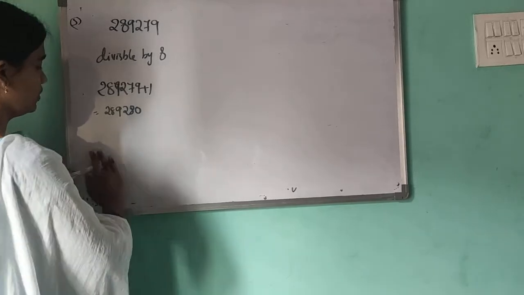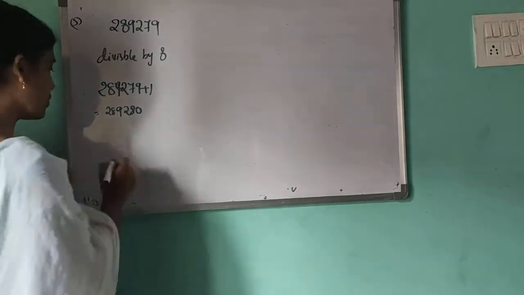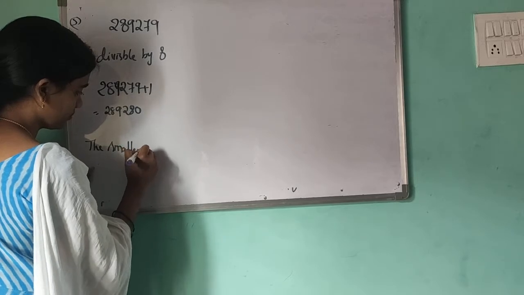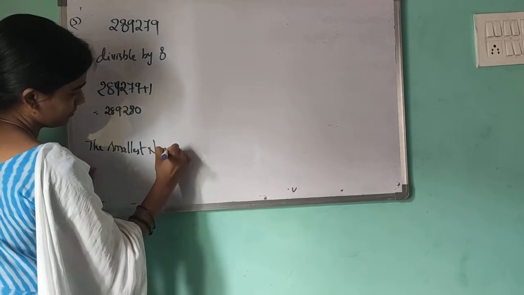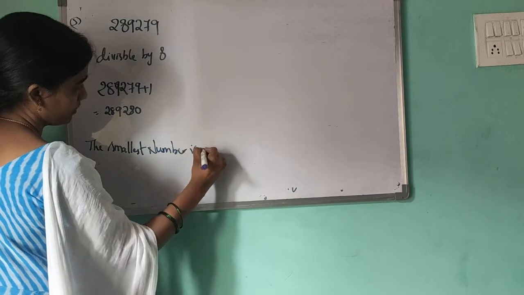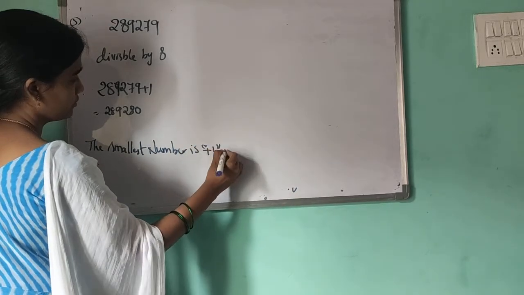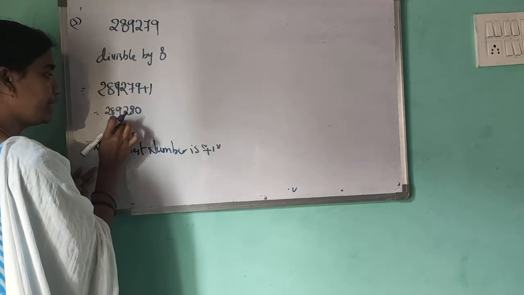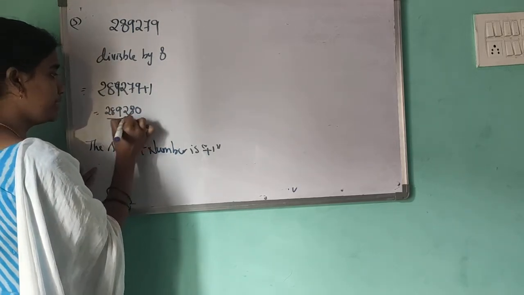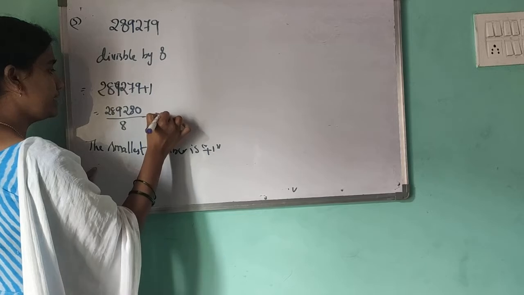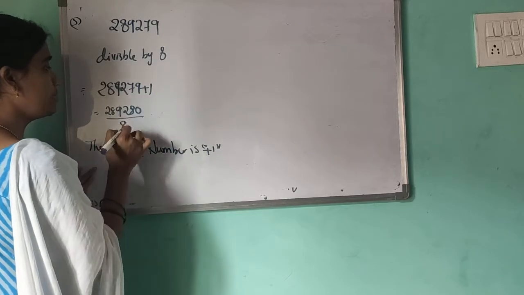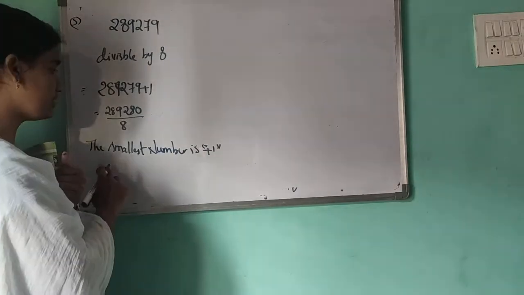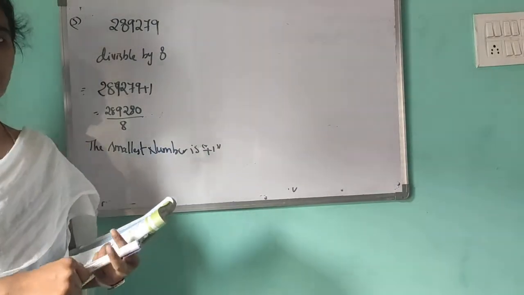So here we can write the smallest number is plus 1. If you add plus 1, we will get 289280. This number divided by 8, you will get this whole number is divisible by 8. So I am adding the smallest number plus 1. The smallest number is 1.